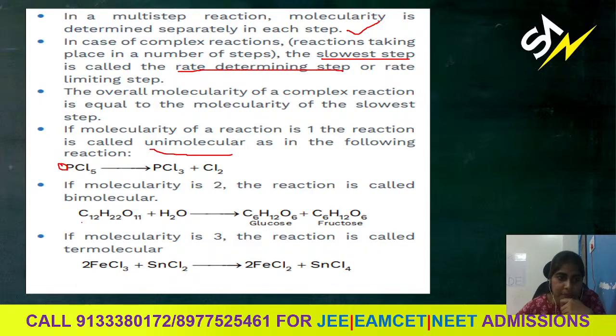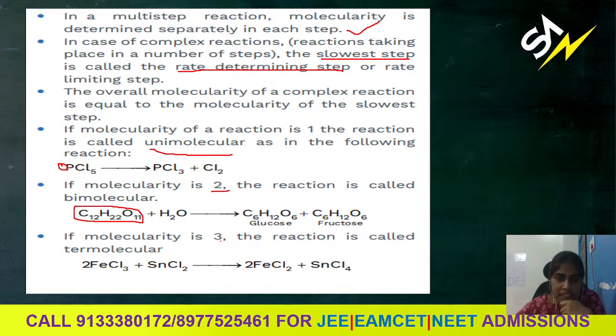For example, here C12H22O11, sucrose molecule is taken. When this reacts with water, it gives glucose and fructose. Sucrose on hydrolysis gives glucose and fructose. Here, one molecule of sucrose and one molecule of water is taken. So, the molecularity is 2.